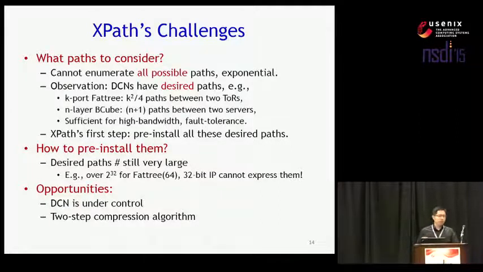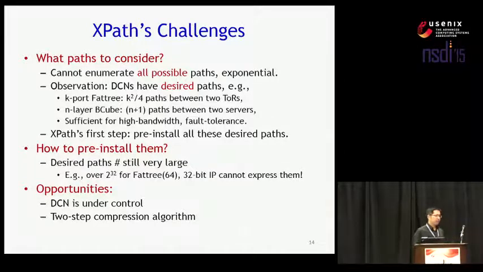In our design, we observe that data center networks are usually well synchronized and operated by a single organization, so we can have centralized control of the network. So we design a two-step compression algorithm to pre-install these desired paths.